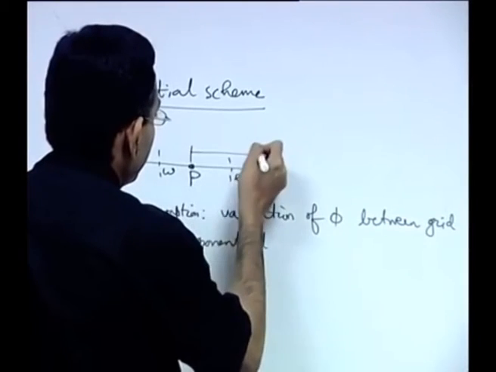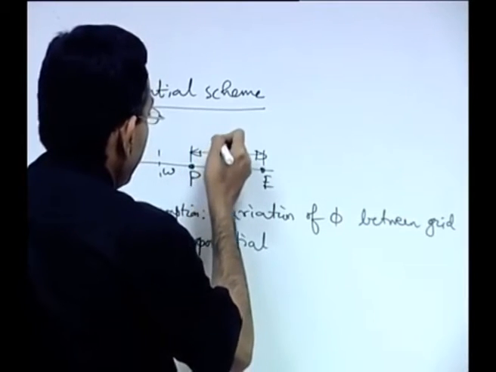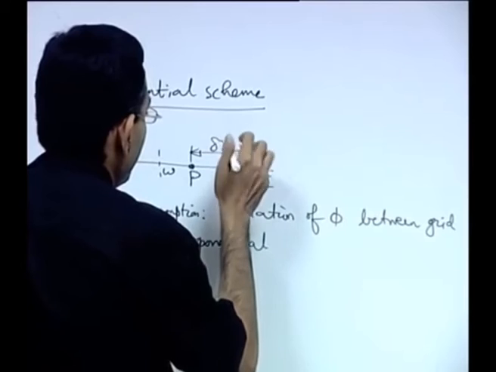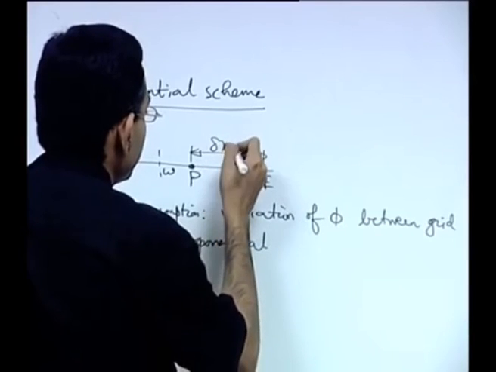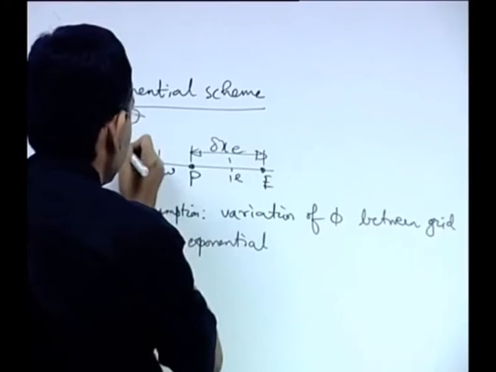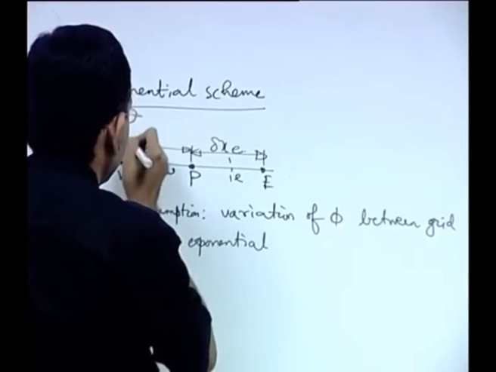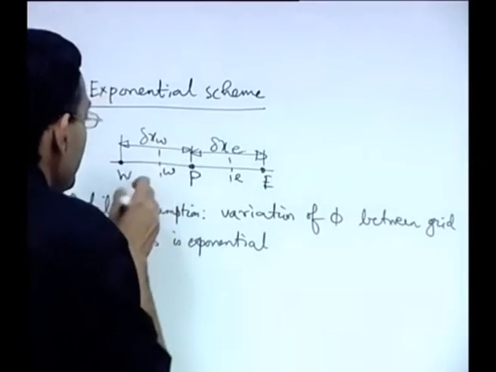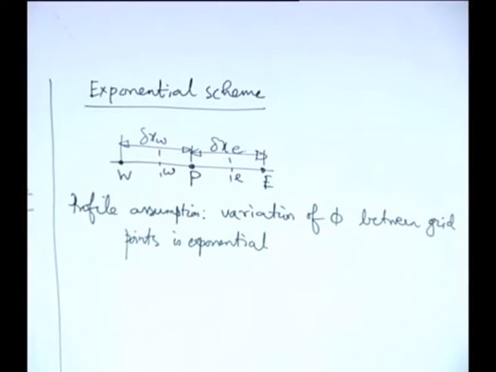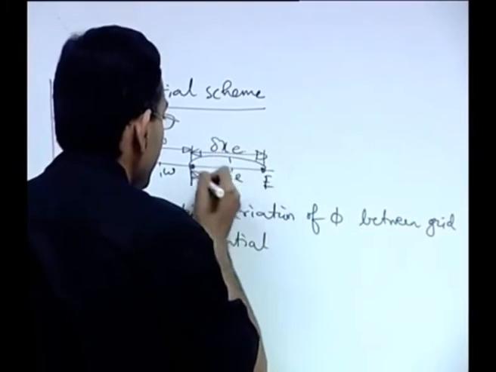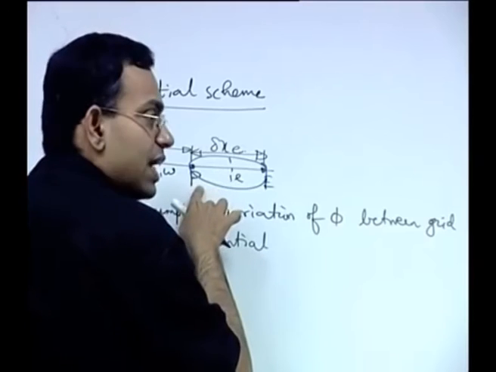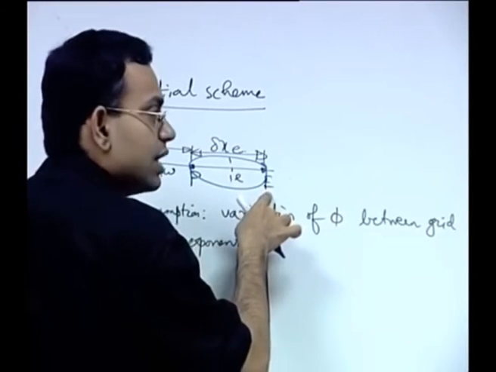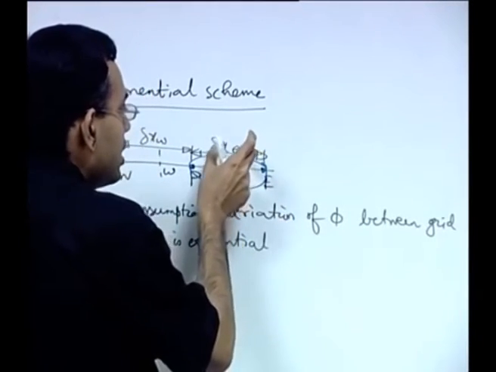So, there are two different variations that we consider for each control volume. One for phi between capital W to capital P, another between capital P to capital E. So, for phi between capital P to capital E, let us say we consider this portion. So, capital P is like x equal to 0, capital E is like x equal to L. So, L is delta x E.